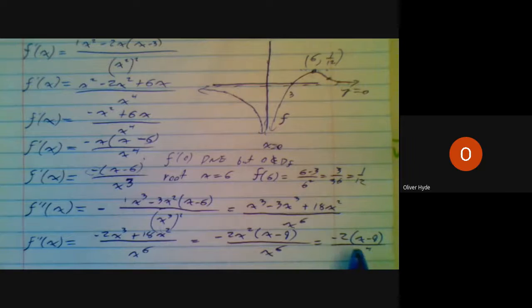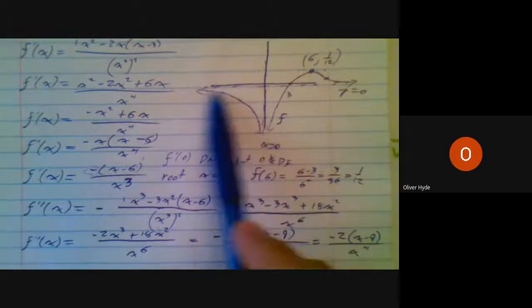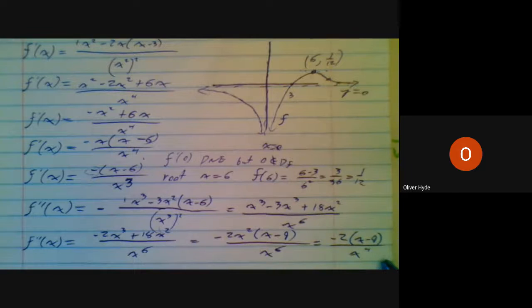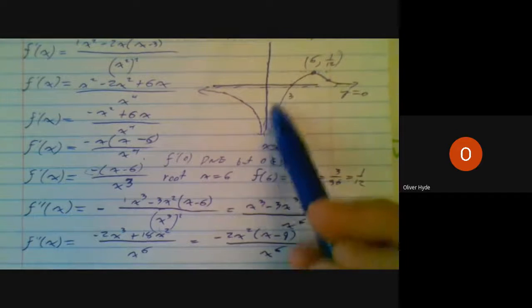So I believe that my concavity is going to be, since my second derivative is going to be negative and then neutral and then negative, non-existent, and then neutral and then positive. I think we're going from being concave down to concave up, and that's what I see on my sketch. And I might have been cheating a bit there by looking at my sketch instead of actually doing a sign analysis in my head here. Our curve is concave down, undefined, concave down, and then concave up.